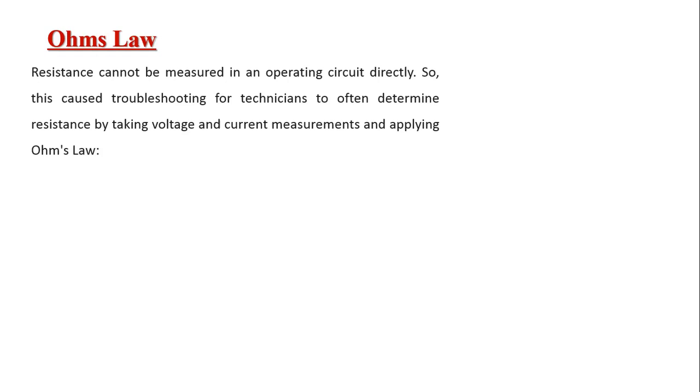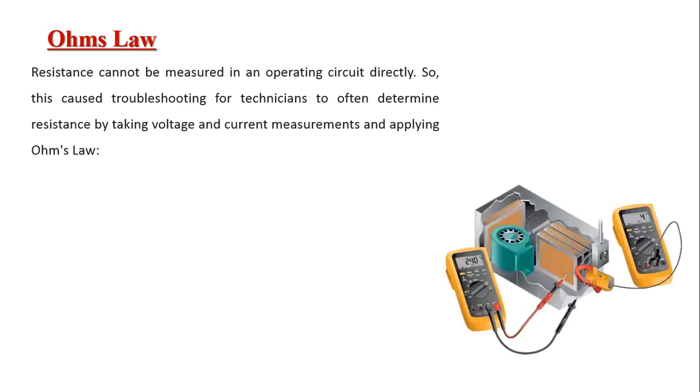So we measure resistance by using the voltage of the circuit and the current flowing through it, by using Ohm's law. Ohm suggested the formula V equals IR. E equals IR and V equals IR are one and the same thing. E only denotes the EMF, whereas I is your current and R is the resistance.